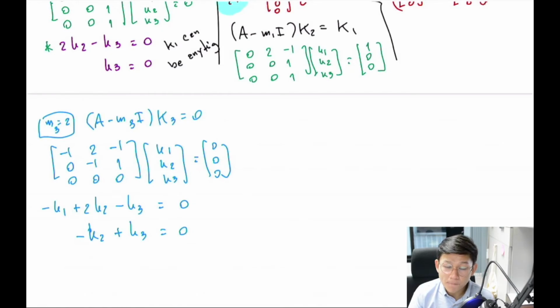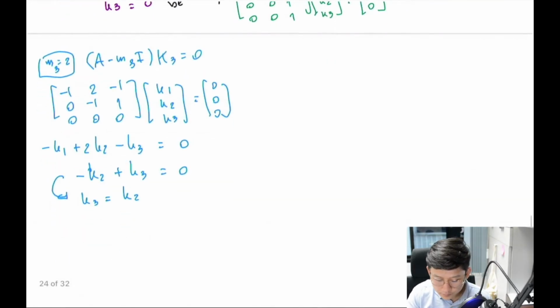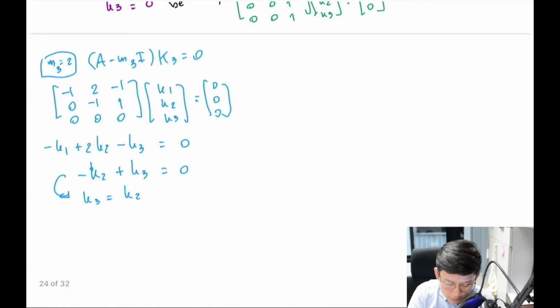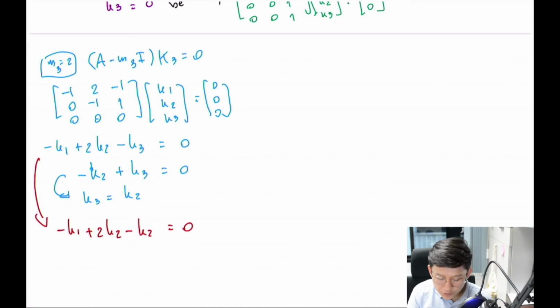So we have that k3 is the same as k2 from this equation, right? And so from the other equation, I would have that minus k1 plus 2k2 minus k2 equals 0. I can change k3 to k2 because k3 is the same as k2.